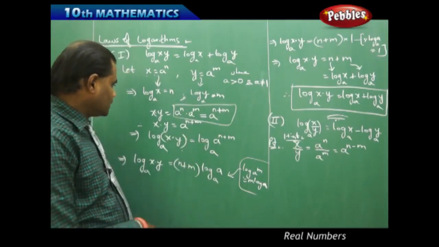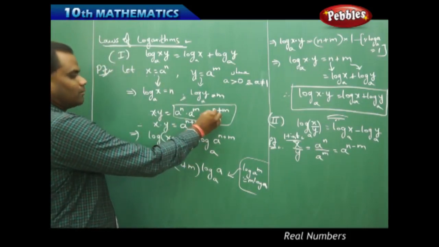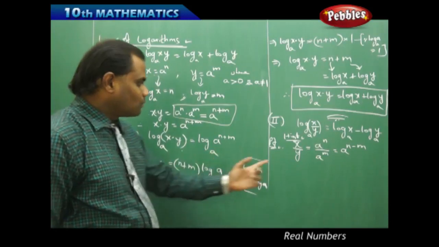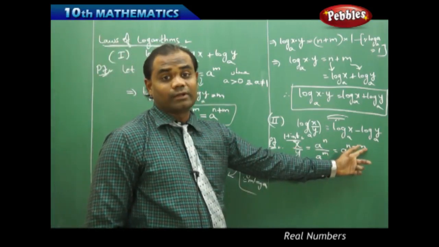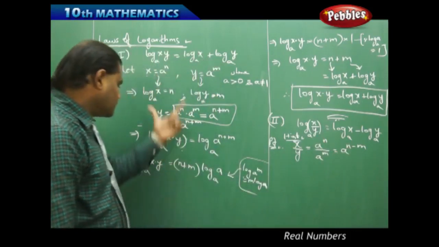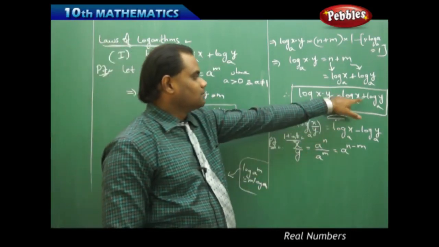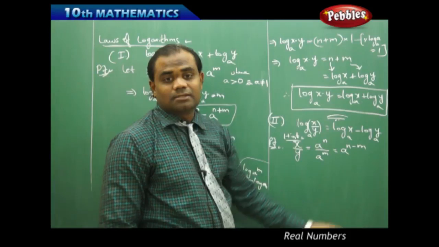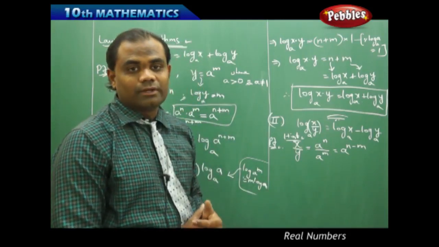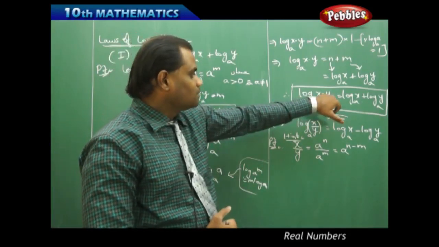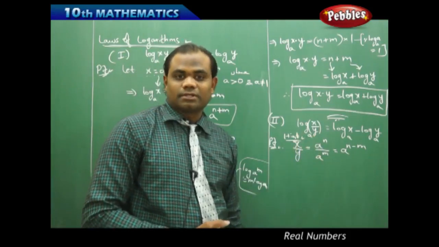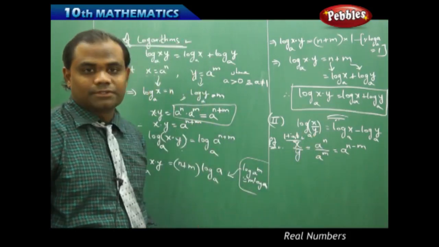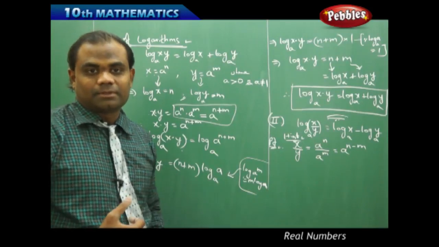Wherever I had x into y, I got a power n plus m, but wherever I want x by y, I get a power n minus m, the next law of index, and through this I get minus everywhere. It is similar to the first proof, the only difference being that here I consider the division instead of the multiplication, and the rest of the proof follows with division at every step.